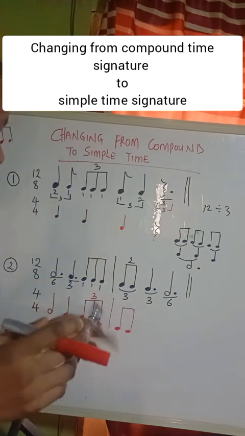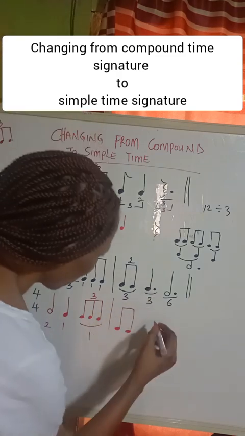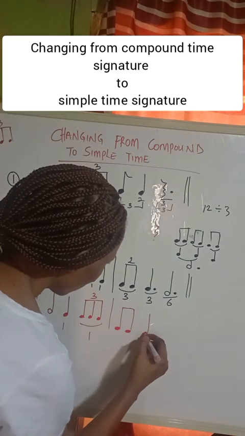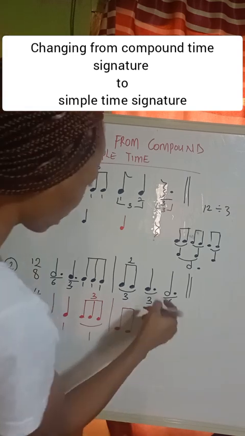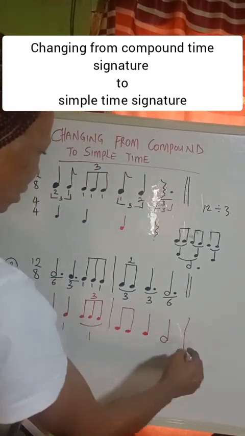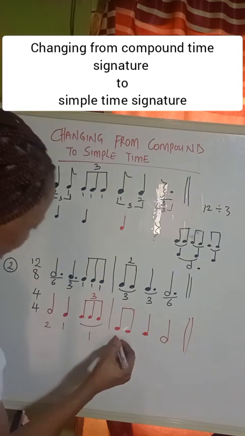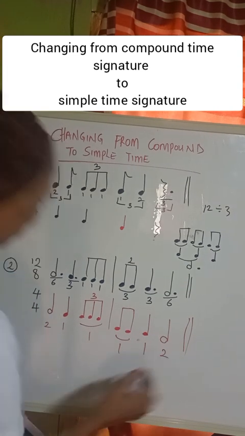With these 2 now, you see 2 quavers is equivalent to 1 crochet, and then this one is already on its own, which will give us 1 crochet, and this one you remove the dot and make it like that. So do we now have here 1, 1, and 2?